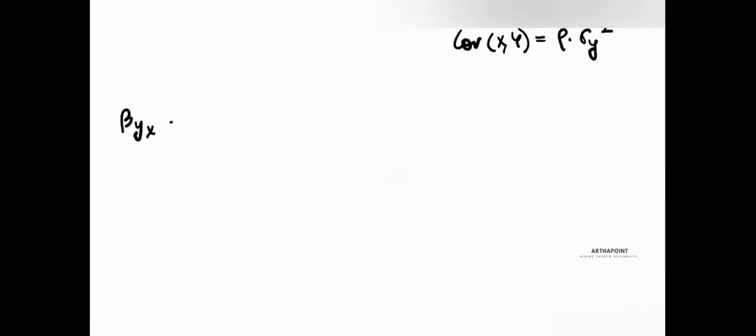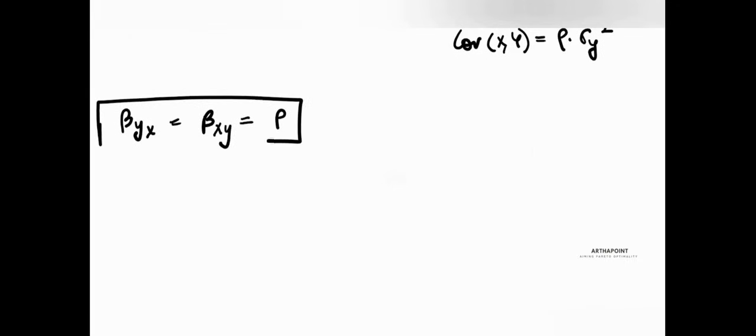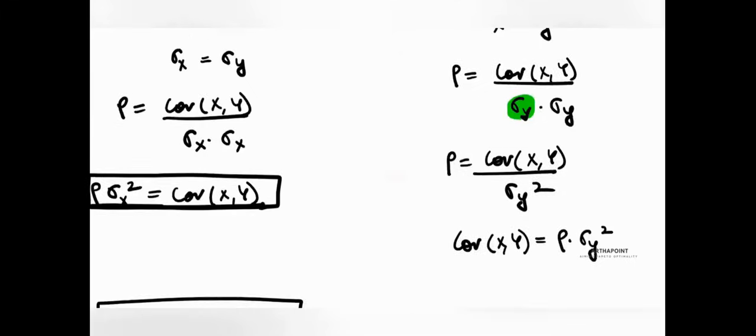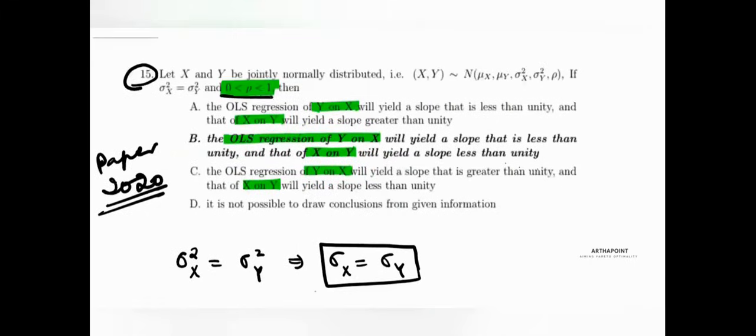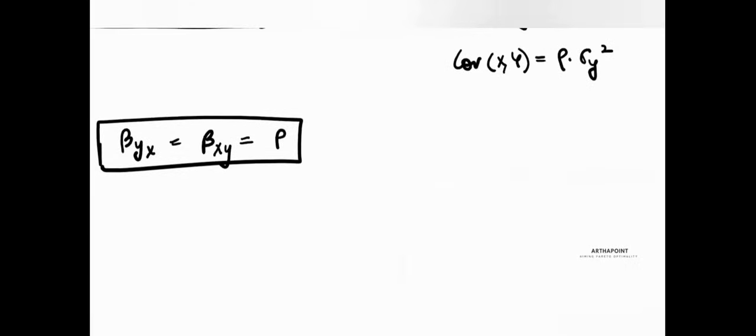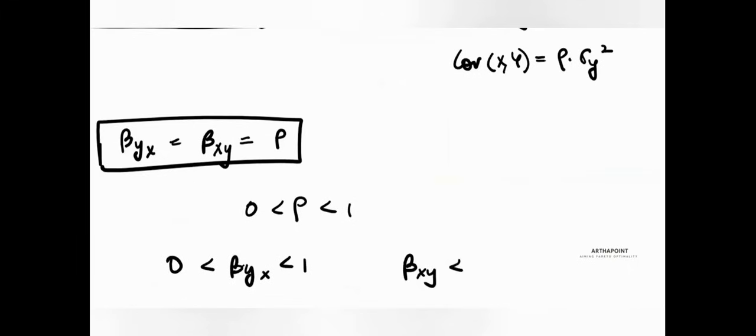So beta yx is equal to beta xy is equal to rho. Now, it is given to us that this rho is between 0 and 1. So, because rho is between 0 and 1, beta yx will be between 0 and 1 and beta xy will also be between 0 and 1.